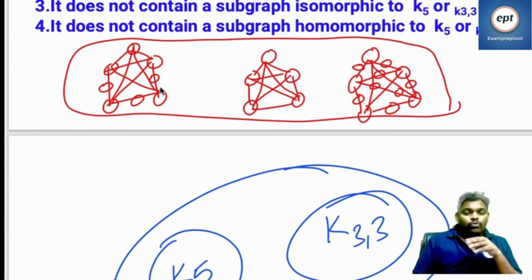Only the second one. Which one is homomorphic to K5? All. Homomorphic will cover isomorphic also, but isomorphic doesn't cover homomorphic.